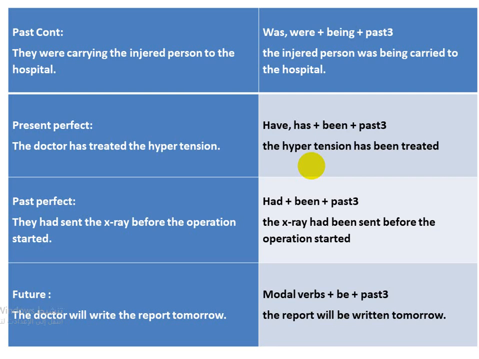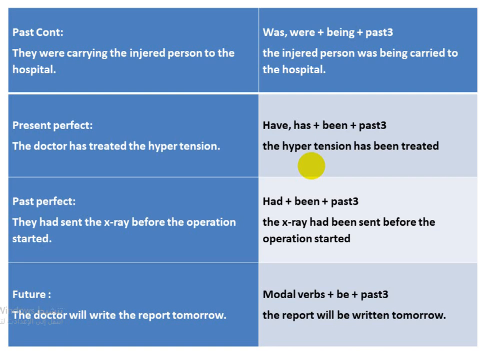Present perfect is has, have plus been plus past participle, and past perfect is had plus been plus past participle.